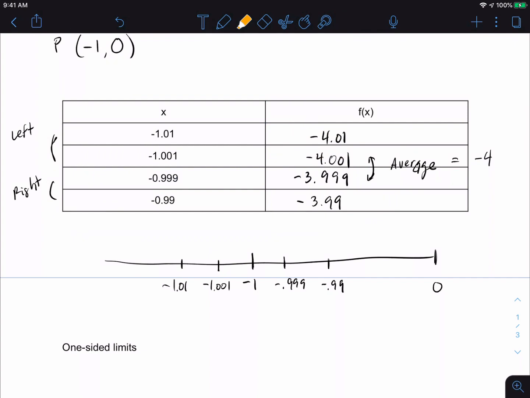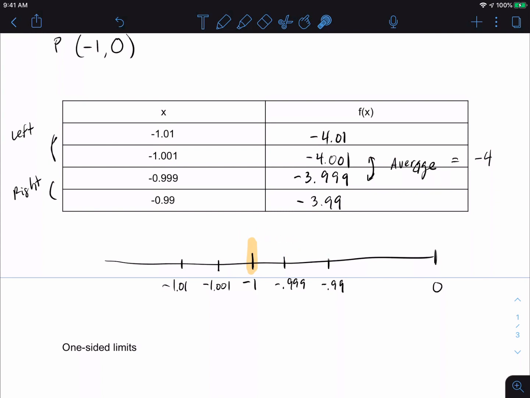Our goal is to get here. As I'm coming from here to here, the goal is to get to this yellow. Which way am I coming to the yellow? From which direction? You're coming from the left. So that means I'm approaching it from the left. On this side, I'm approaching it from the right.